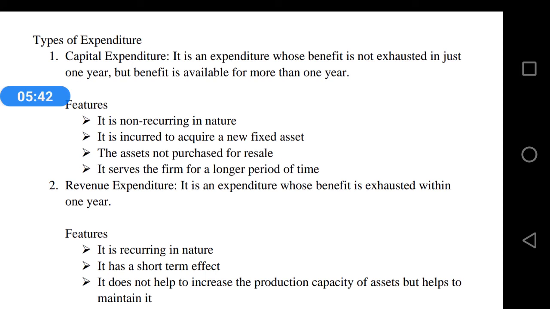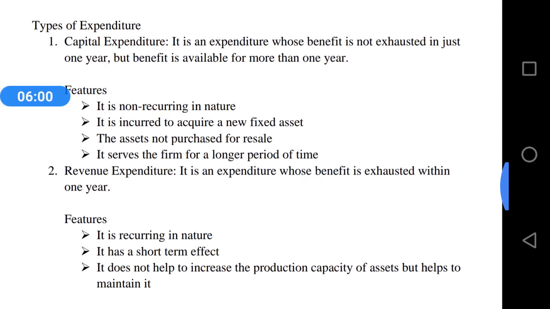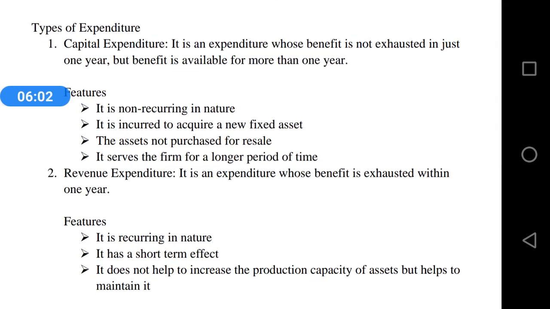Capital expenditure is nothing but that whose benefit is not exhausted in just 1 year. Okay, the benefit is available for more than 1 year. Say for example, purchase of fixed asset, right? So fixed assets are the assets which are purchased not for resale.